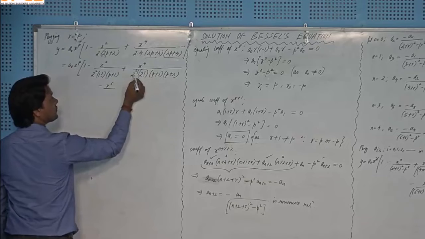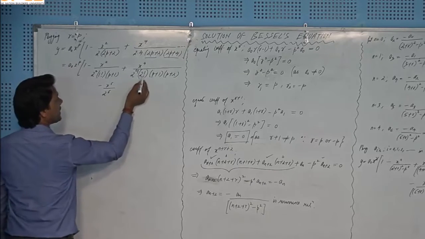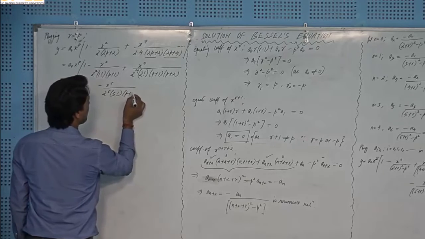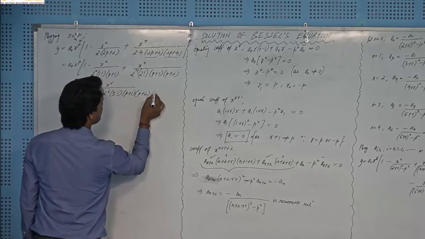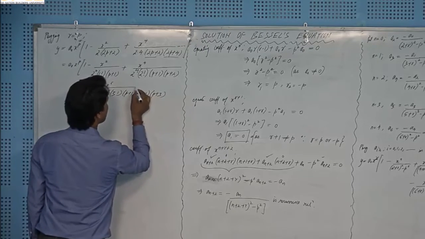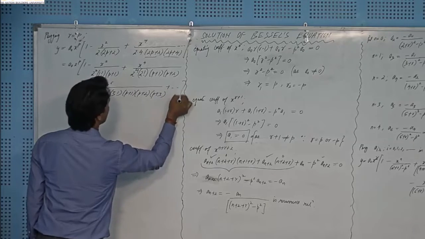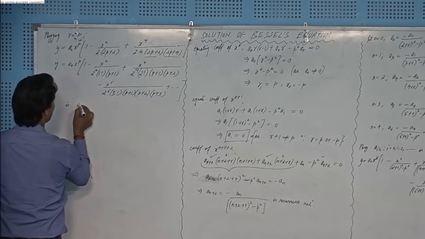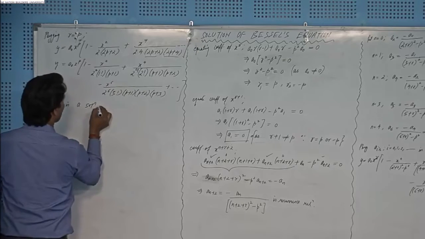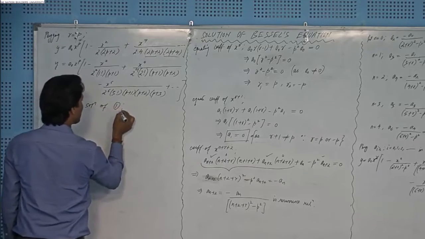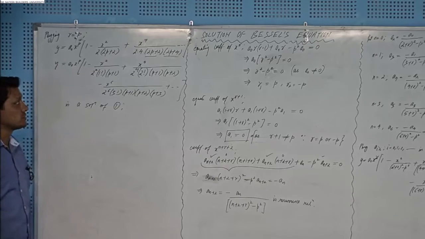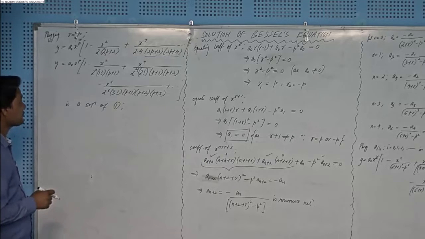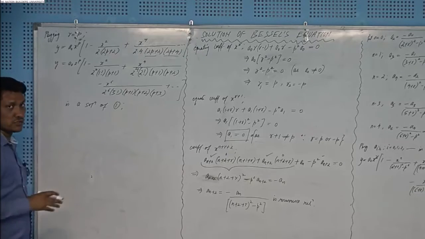Since the power is 4, 2 to the power 4, so 2 to the power 6, and we have 3 factorial here, and p plus 1, p plus 2, p plus 3, and so on, right? So this is a solution of Bessel's equation that was numbered as first equation. So this is a solution, and it is involving p, right?